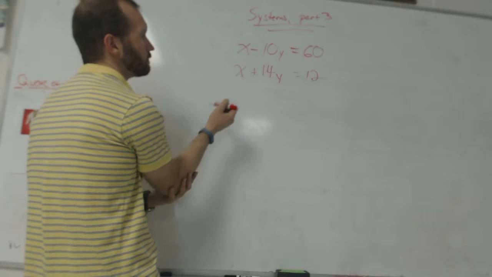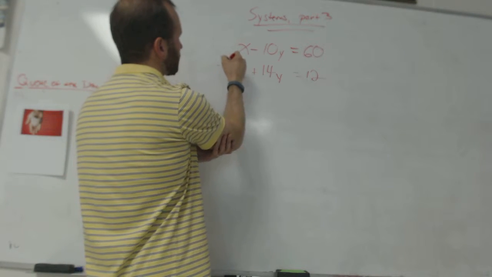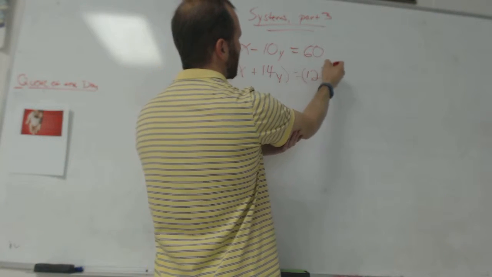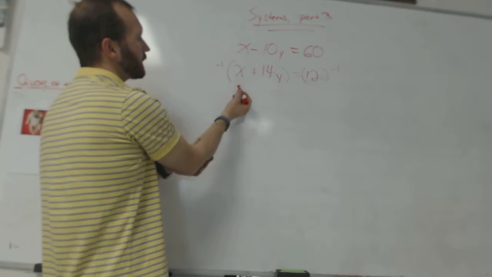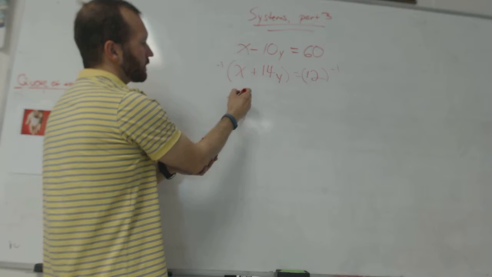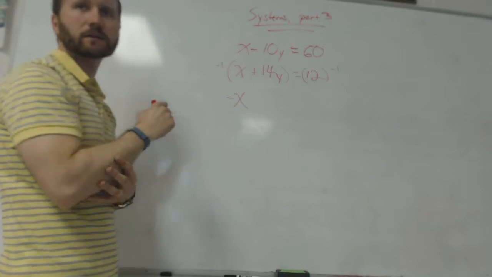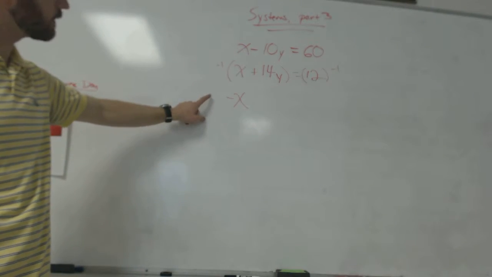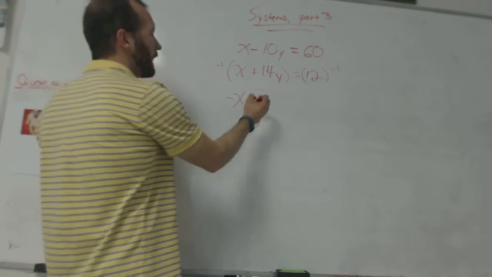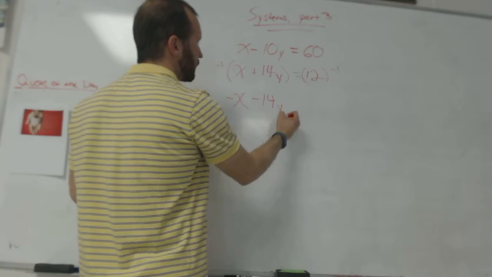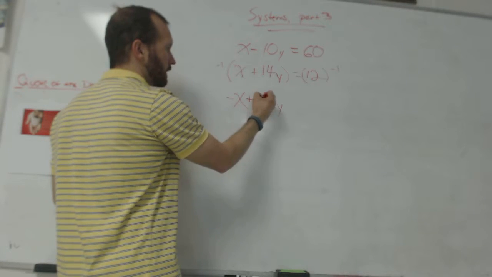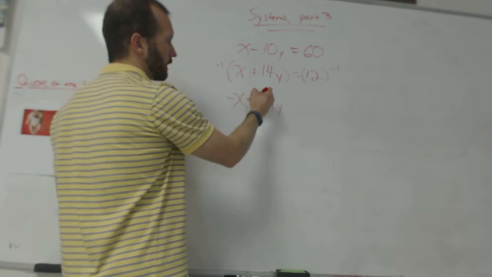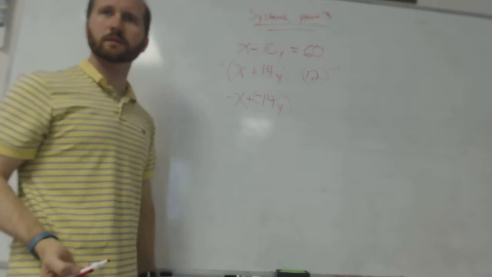The bottom one. Sure. Let's multiply both sides of this equation times negative 1. So I'm going to have x times negative 1 is negative x. That's what negative x looks like, right? And then we have minus 14y. Another way of saying this, if I wanted to, I could write plus negative 14y, and I would probably put it in parentheses.